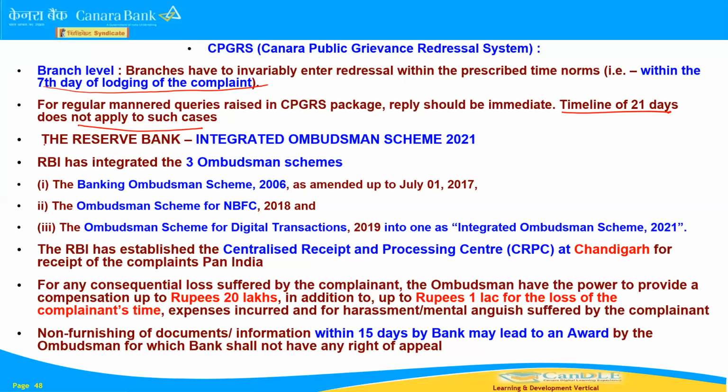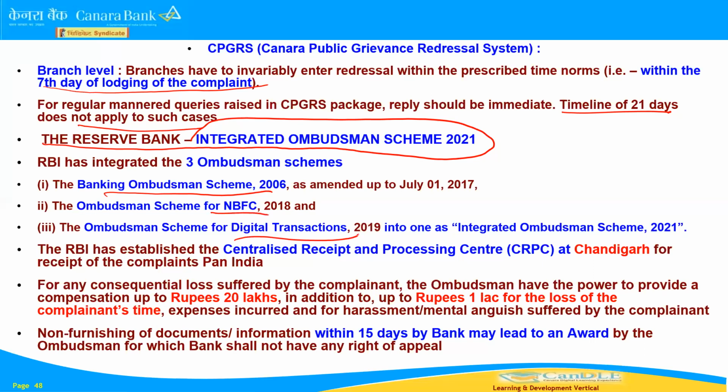Then comes the Reserve Bank of India's Integrated Ombudsman Scheme. Earlier, we used to have 3 types of ombudsman. One is the banking ombudsman for us, banks; NBFC different; digital transactions different. Now all these 3 are integrated and made into one, called the Integrated Ombudsman 2021.